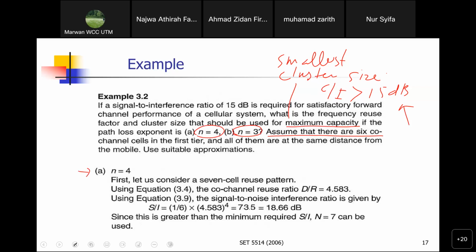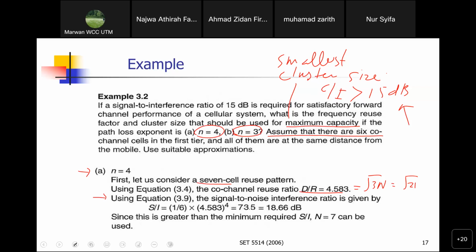They say first let us consider cluster size 7. D over R equals square root of 3N, so square root of 21, that is 4.58 or 4.6. If you use the approximation, on average it is 1 over 6, so 4.58 to the power of 4 divided by 6.